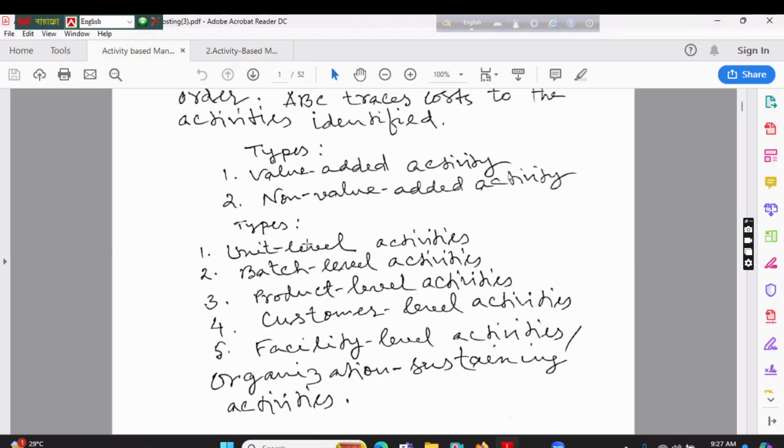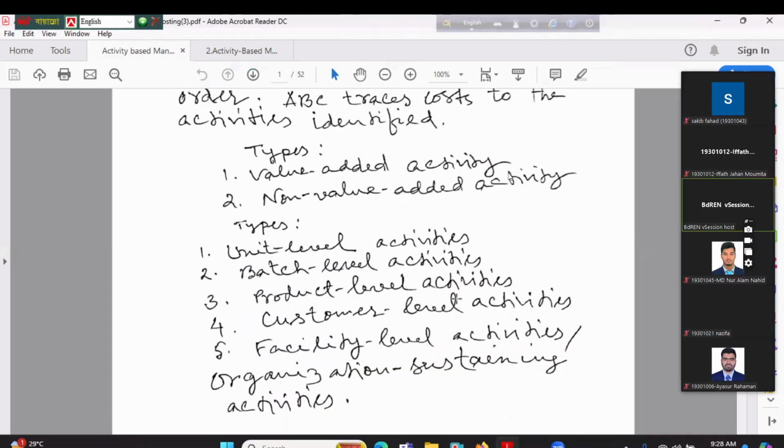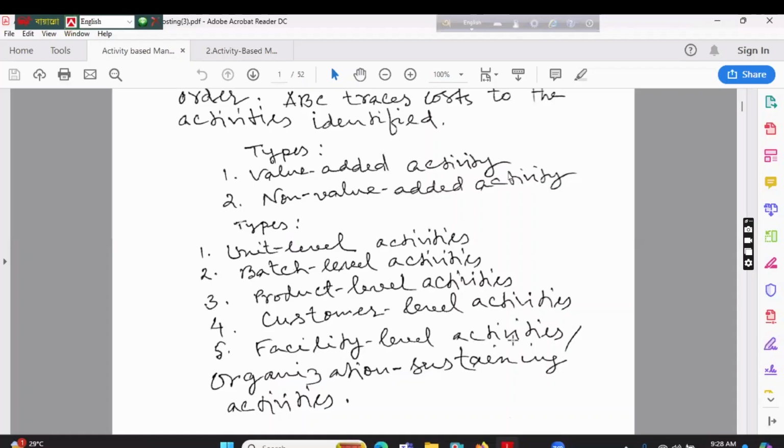In activity-based costing, for the purpose of assigning manufacturing overhead to product, we can classify activities into 4 categories, according to Cooper: unit level activities, batch level activities, product level activities, facility level activities.